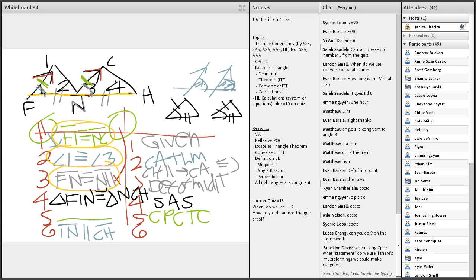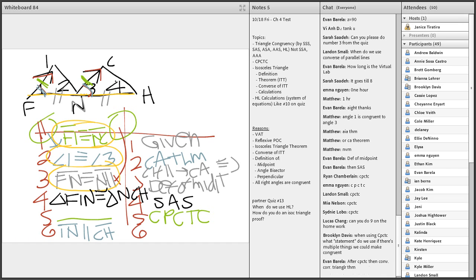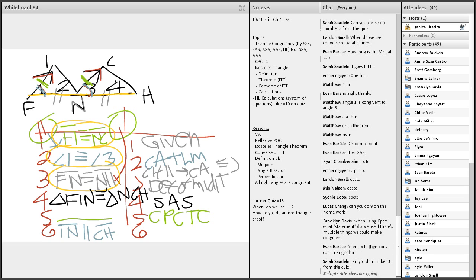So you would want to probably work backwards instead of forwards. So back in the day, chapter 3, when you had to prove lines are parallel, you had to use converse of something. And I know I stressed upon that. So if I go back to the picture and I want to prove IN is parallel to CH, it's not right now, right?